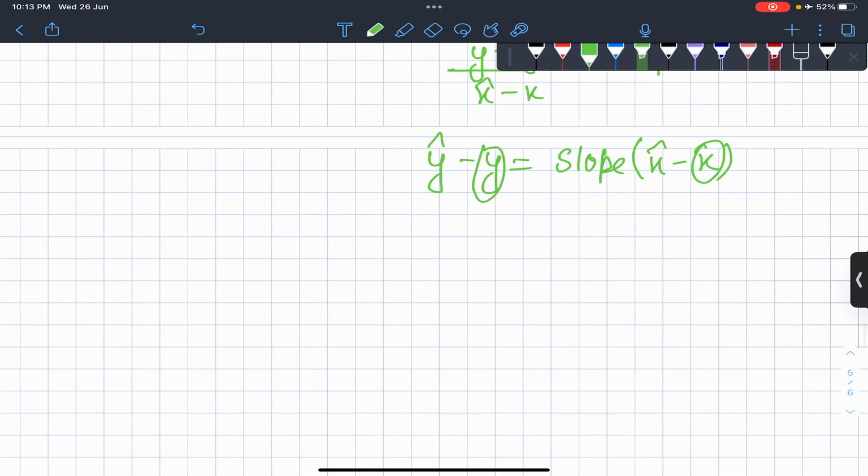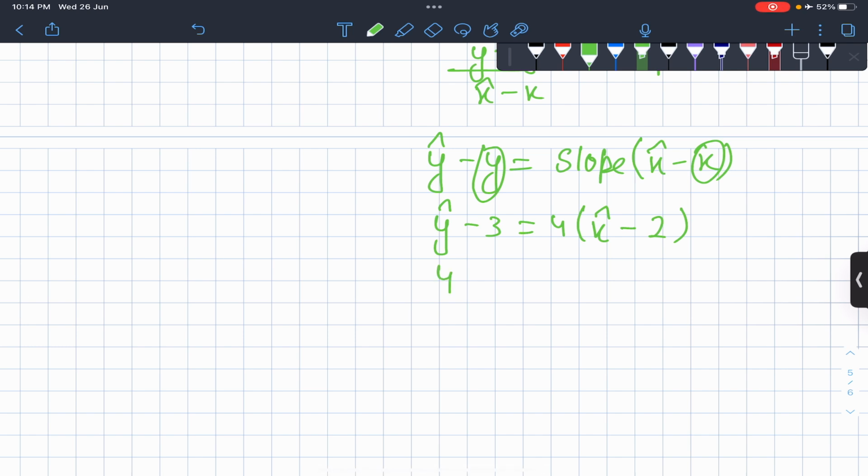So suppose we put y as 3, and the slope we got is 4, and suppose the x was 2.